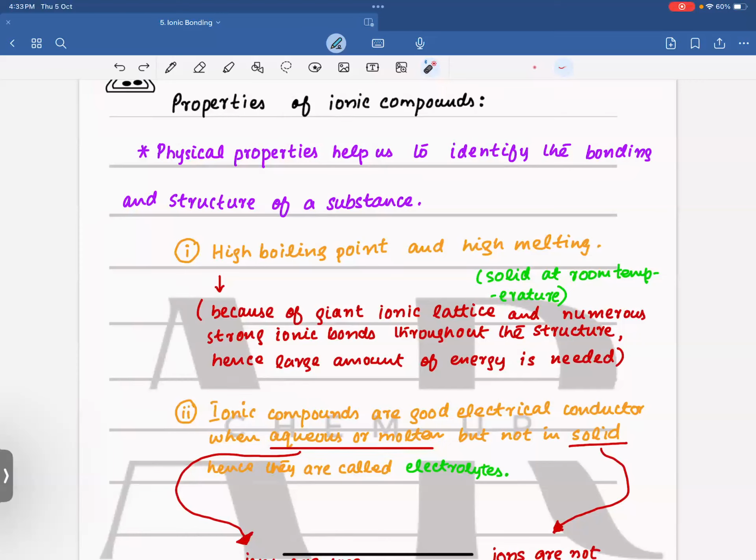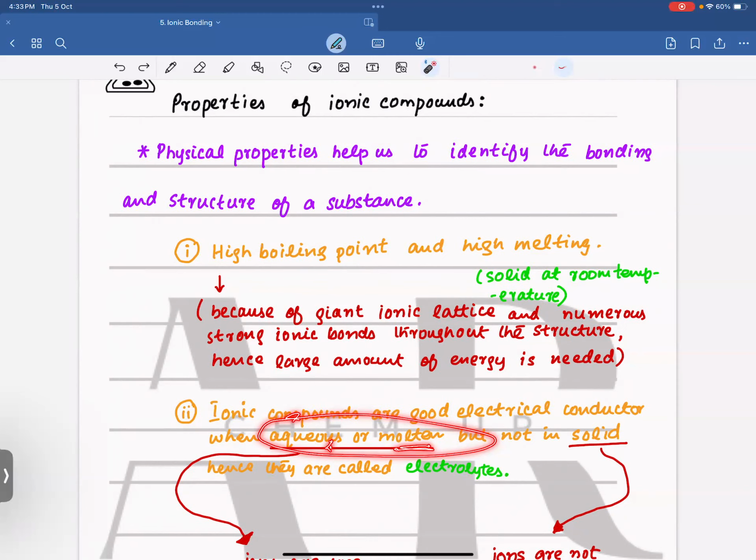And the second property of ionic compounds is they are good electrical conductors, but only when they are aqueous or molten. What does aqueous mean? In solution form, when they get dissolved in water. And molten means when they are heated, when they are melted.